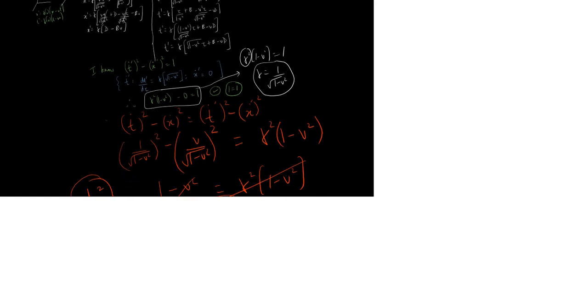And one more thing is that because we have found this gamma, we can also find out how the spacetime metric will remain invariant, because ds square is the quantity which will remain the same for the observer over here and the observer over here. So if I calculate ds square as c dt prime square minus dx prime square, it should be the same as c dt square minus dx square, right?